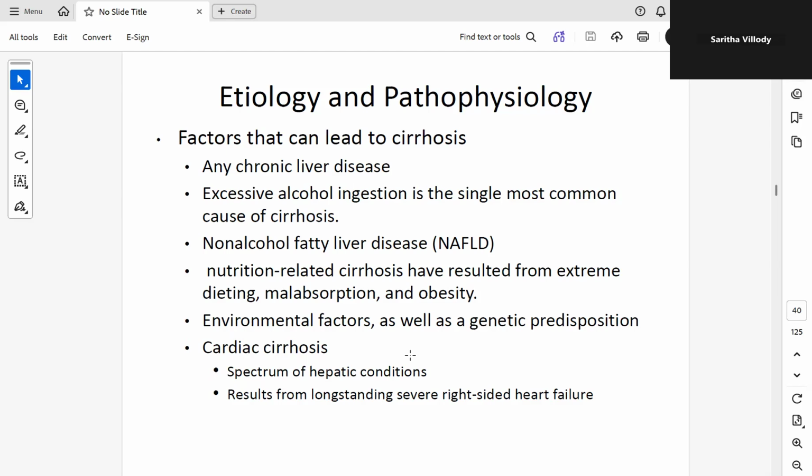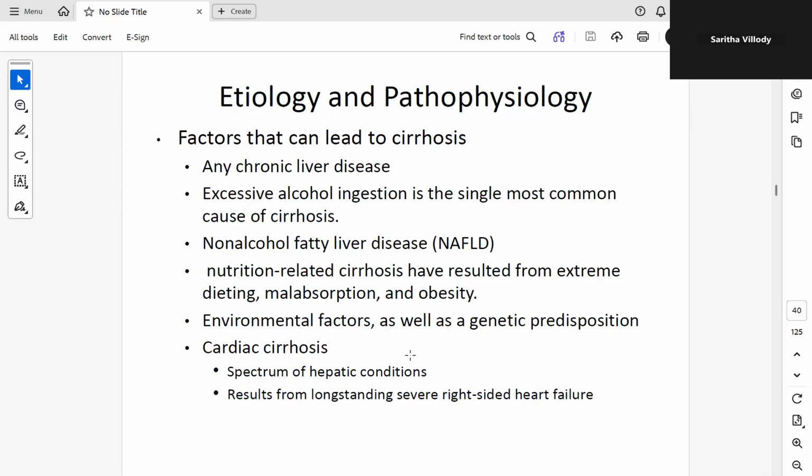Also non-alcoholic fatty liver disease, because there is excessive fat accumulation in the liver, which causes inflammation of the cells and fat deposit in between the cells, which lead to scarring and eventually death of the tissues in the liver. That's called non-alcoholic fatty liver disease, or it eventually leads to something called NASH, non-alcoholic steatohepatitis.